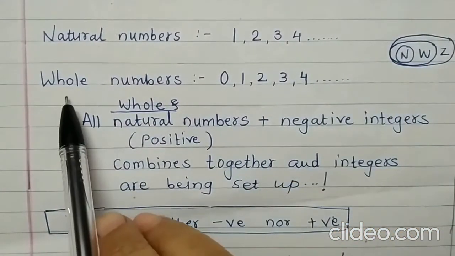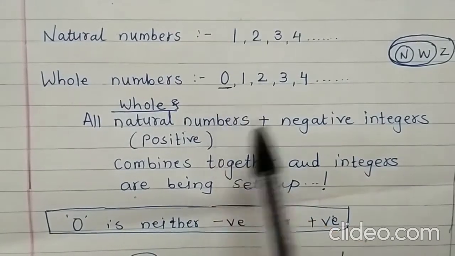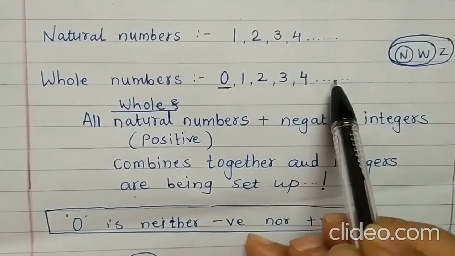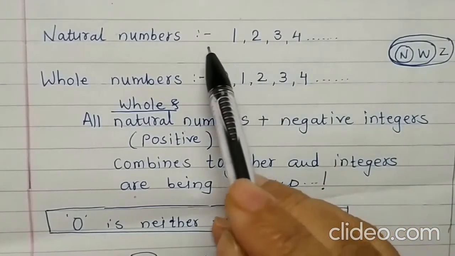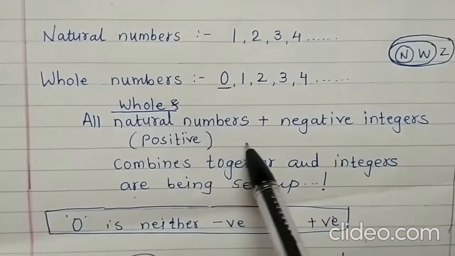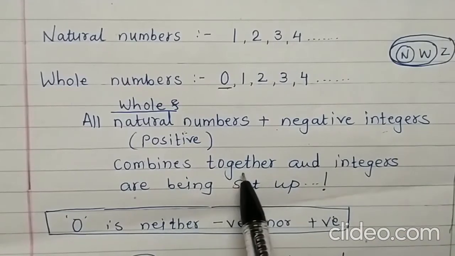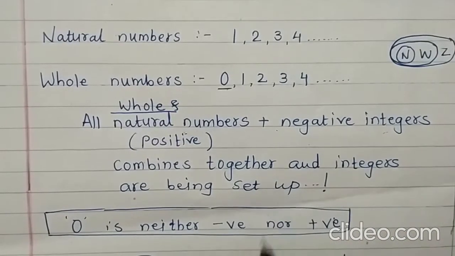And what are whole numbers? They start with 0: 0, 1, 2, 3, 4, 5, 6 and so on. So all these natural numbers and whole numbers, plus negative integers, combine together and integers are formed.